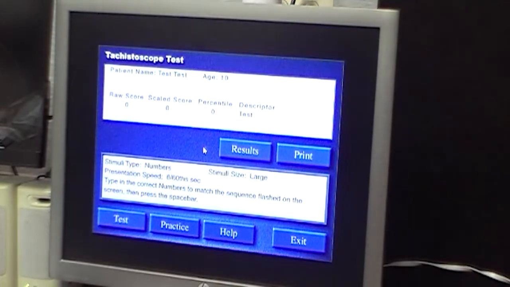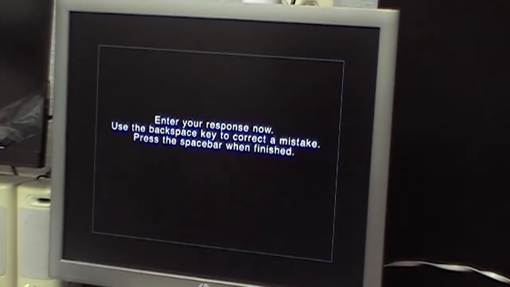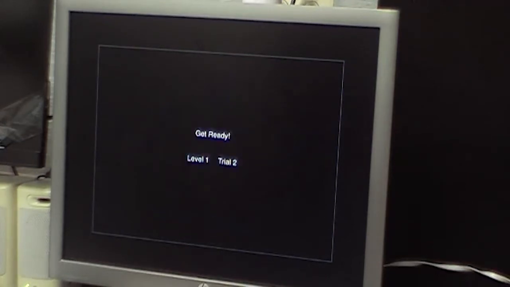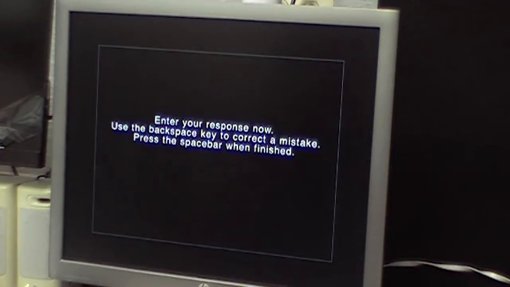In the next part, called the tachistoscope, we're measuring how quickly somebody can bring in visual information. For example, looking at the board, it starts out real simple with 1 digit. The patient is given 2 trials. If they're able to do it, then it moves on to 3 digits.